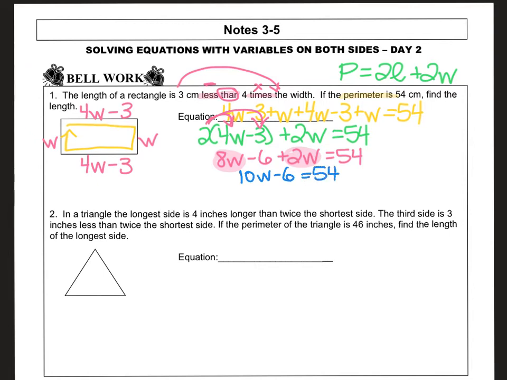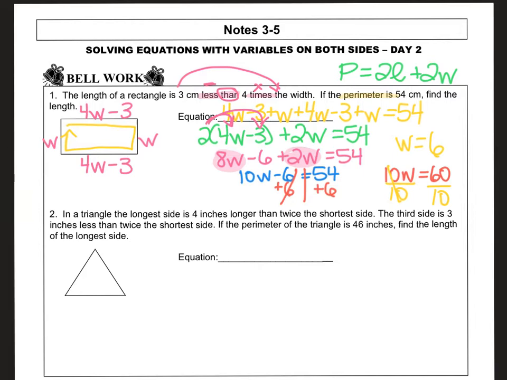And then we can solve this like a 2-step equation where I'm going to add 6 to both sides. I'm going to bring this over to the side because I ran out of room. So I get 10W equals 54 plus 6, which is 60. And if I divide each side by 10, I get my width equals 6.